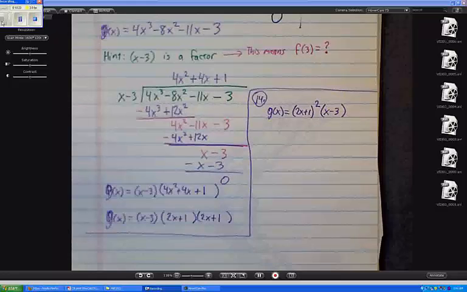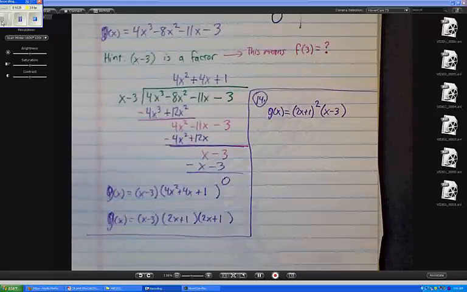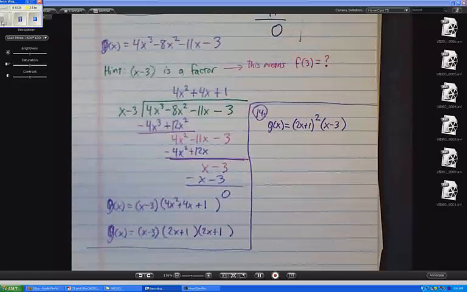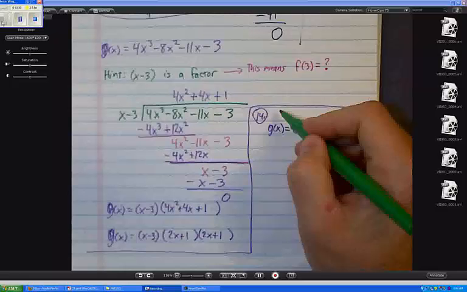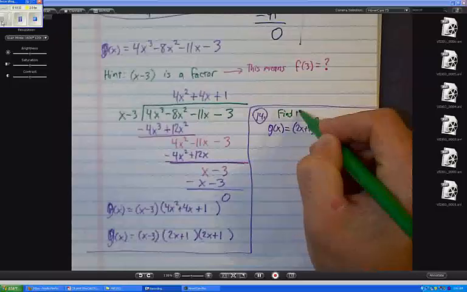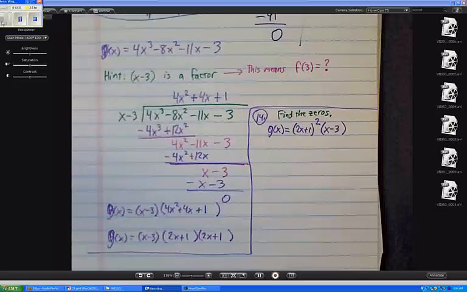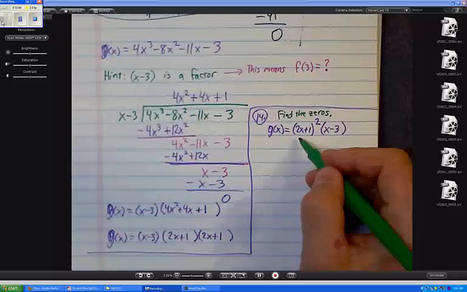Now, the first thing it asks me to do is to find the zeros. Well, once I have it in factored form, I get some separate equations that might be 0, right?